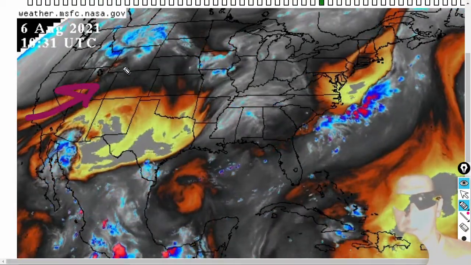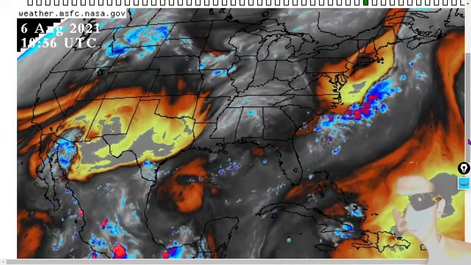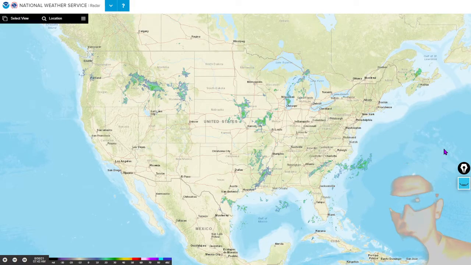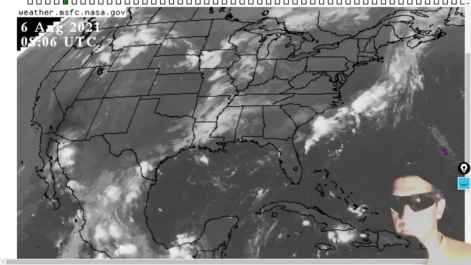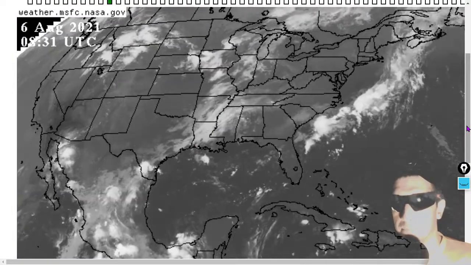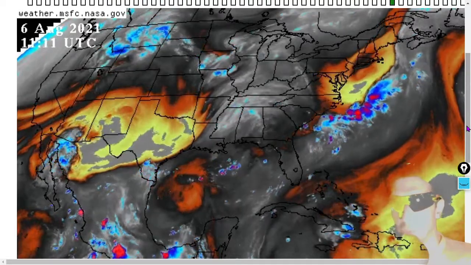Anyway, that should give you some insight into the flow of that moisture there moving into Montana. And here's your recap. U.S. Doppler radar map. Cloud layer. And there's water vapor.